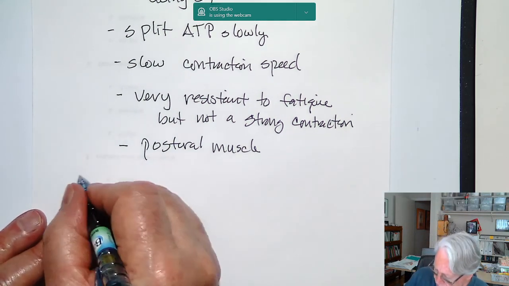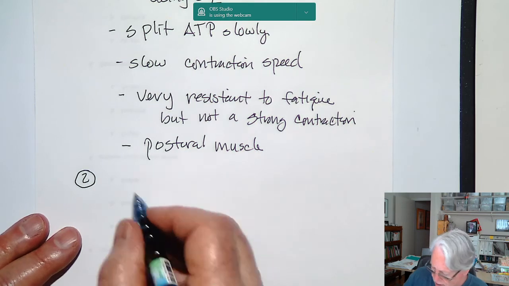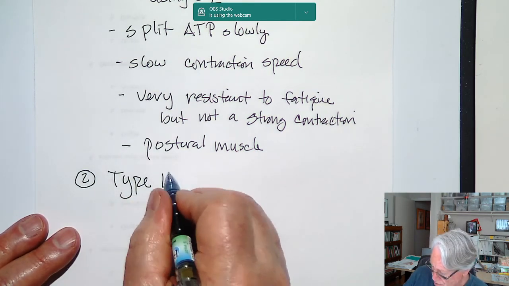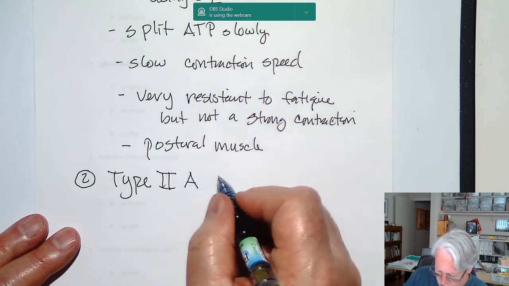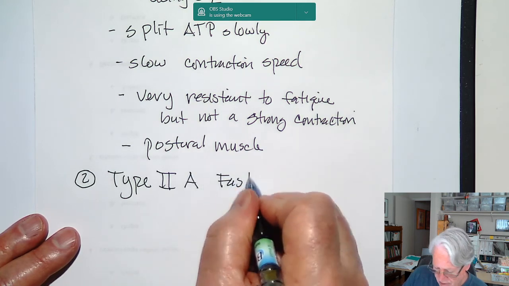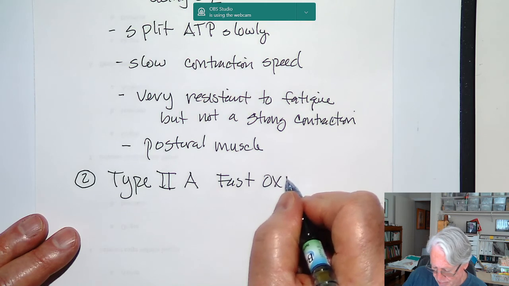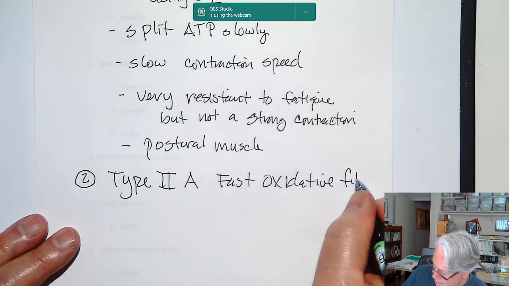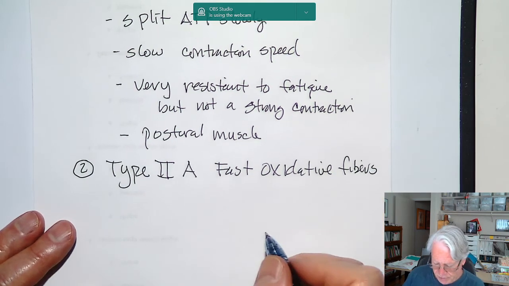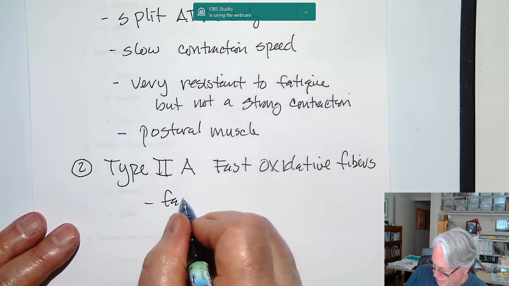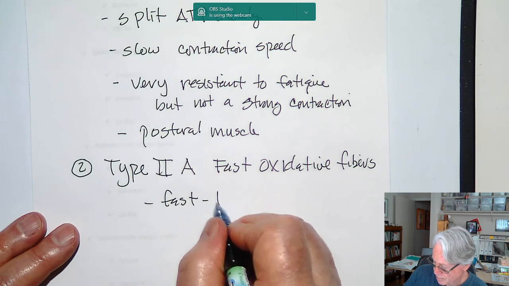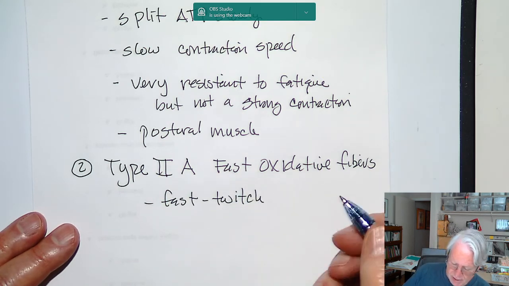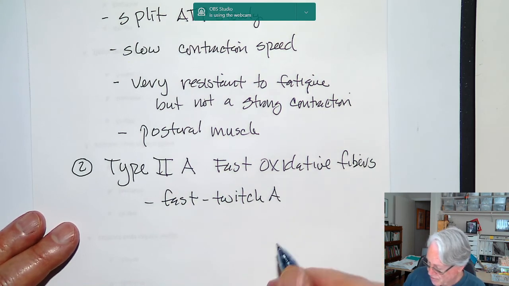The second type, number 2 here, is, oddly enough, called type 2A, and this is fast oxidative fibers, okay, or fast twitch, 2A fibers.